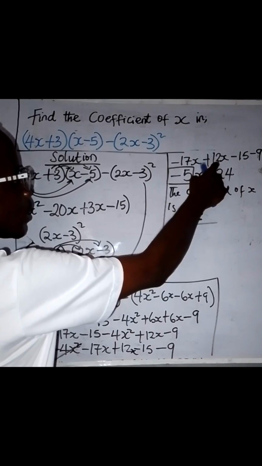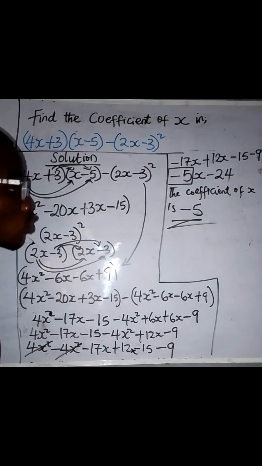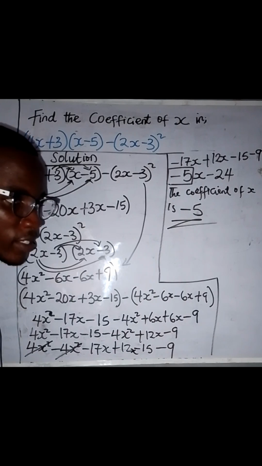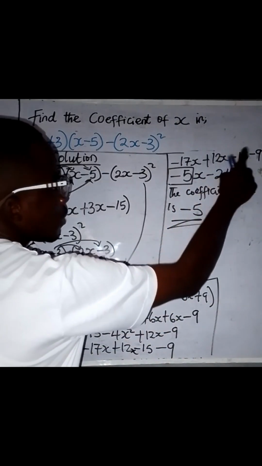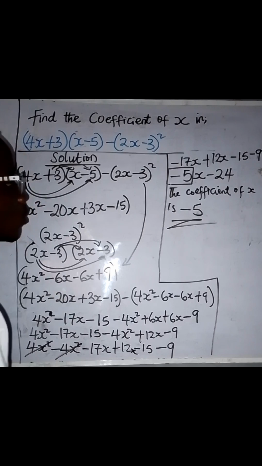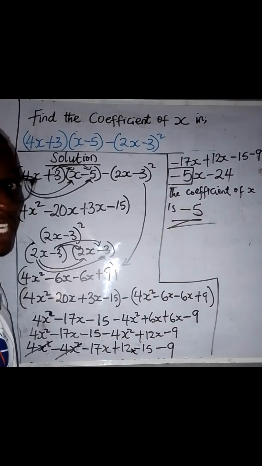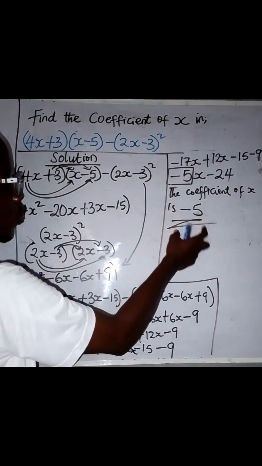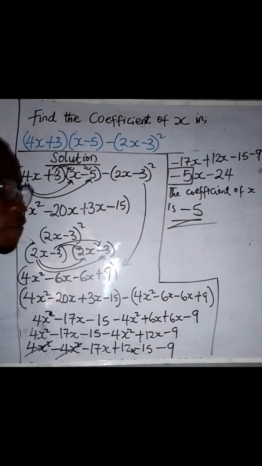Minus 17 plus 12 gives me negative 5x, and minus 15 minus 9 is minus 24. So the coefficient of x, like I said initially, is what's closest to x, which is minus 5. So my coefficient of x is minus 5.